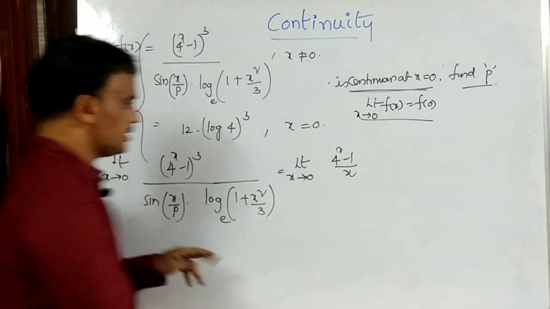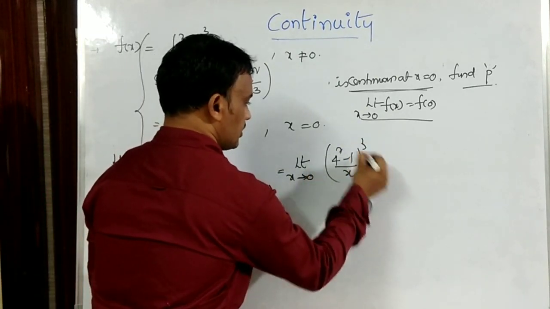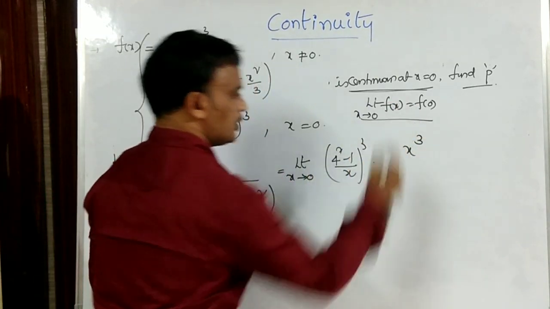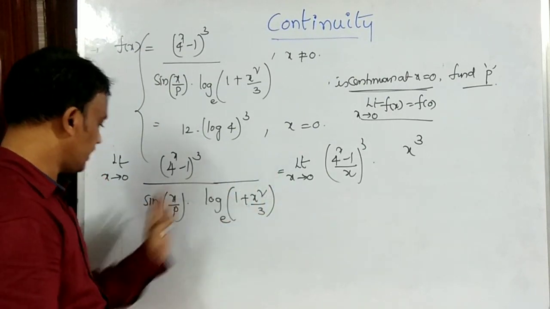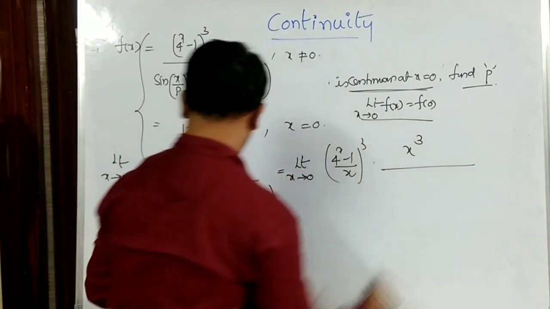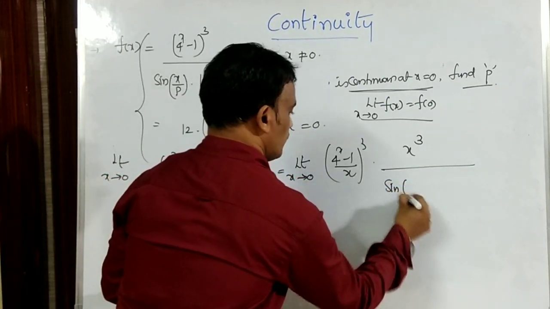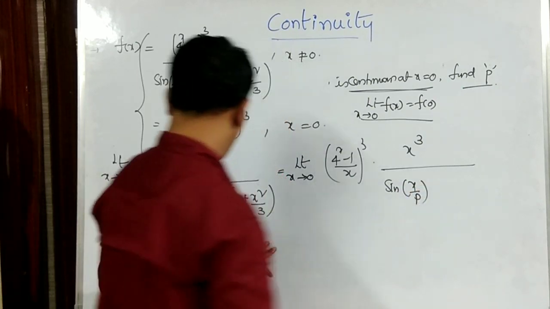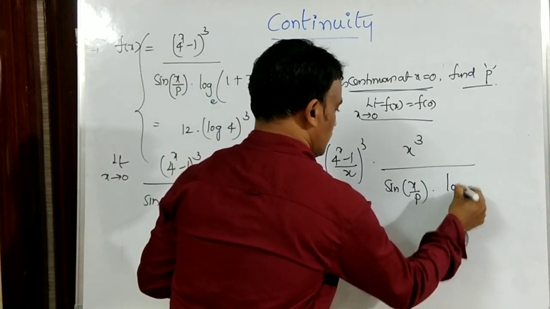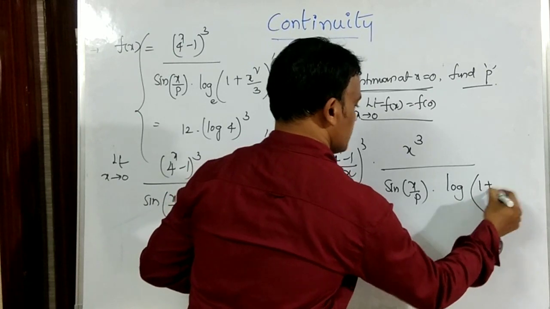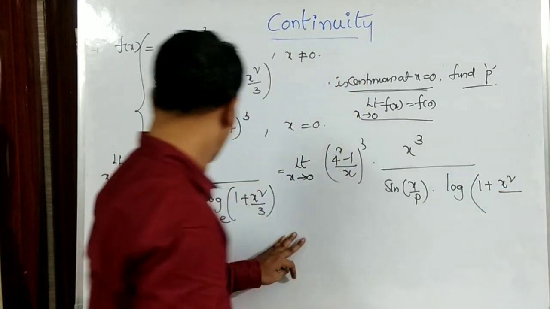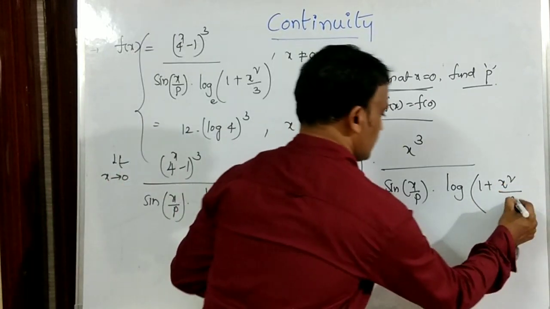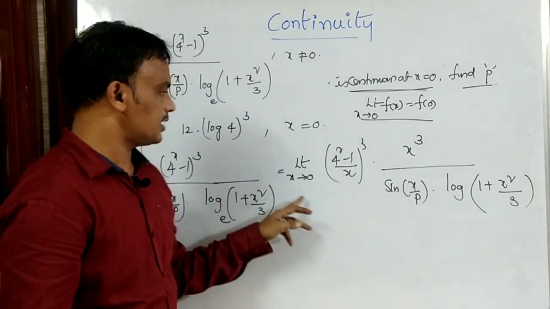But here cube is there, that's why dividing with x cube and multiplying with x cube. And it remains as is by sin of (x by p) into the logarithm of 1 plus x square by 3. So here the limit exists, there is no problem.